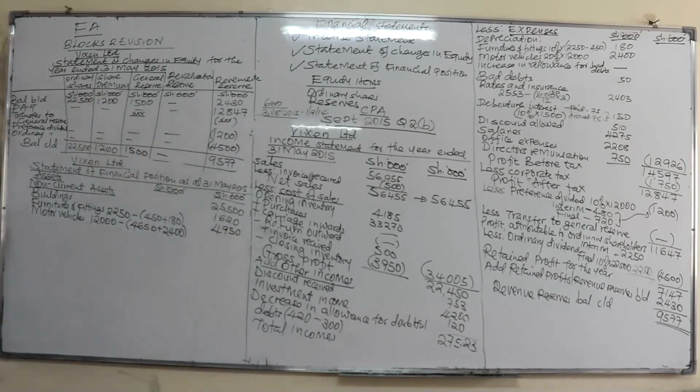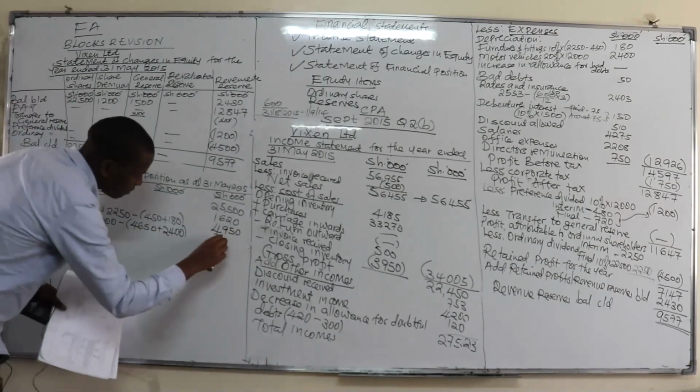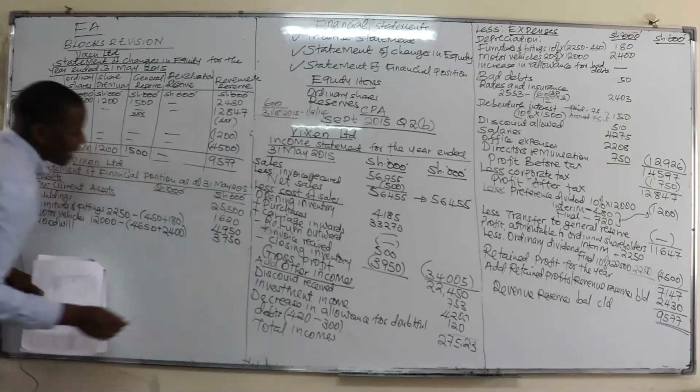Then after that, we also have what we call the goodwill. Goodwill in this case is always an intangible non-current asset. And the goodwill we were given there, 3750. Those are the non-current assets.